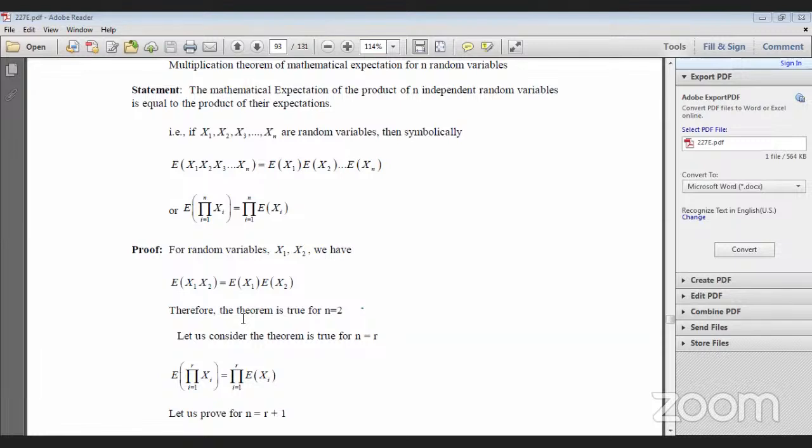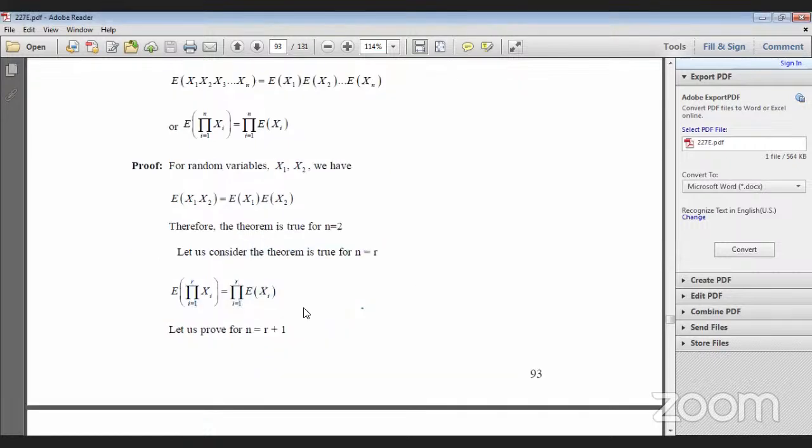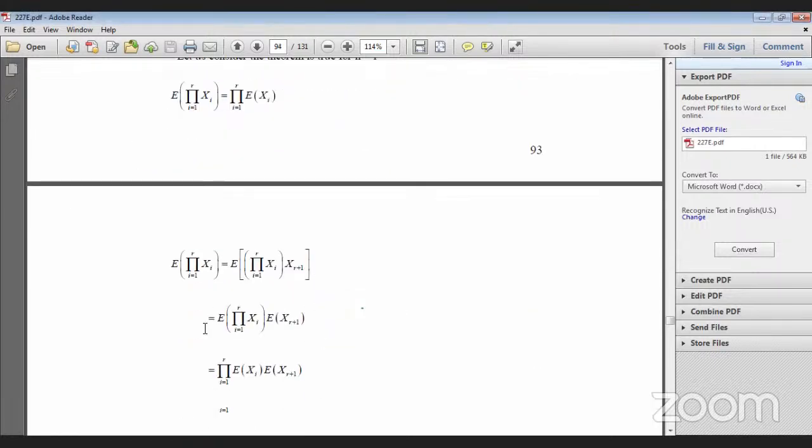Let us consider n is equal to r, e of pi i is equal to 1 to r xi. Pi ని బయట తీసుకొస్తే e of xi రాసుకోవచ్చండి? Yes, sir. Let us take n is equal to r plus 1, e of pi i is equal to 1 to r xi. So లోపల తీసుకెళ్ళిపోతున్న pi r1 x r plus 1, రెండు సపరేట్ చేస్తున్న pi i is equal to 1 to r xi.